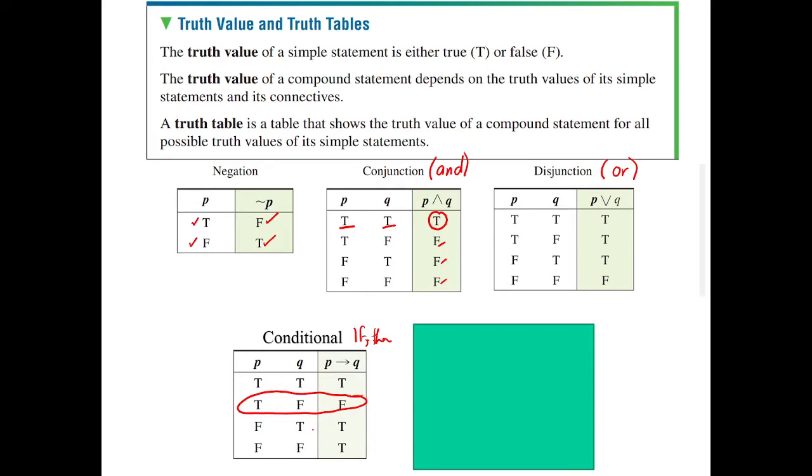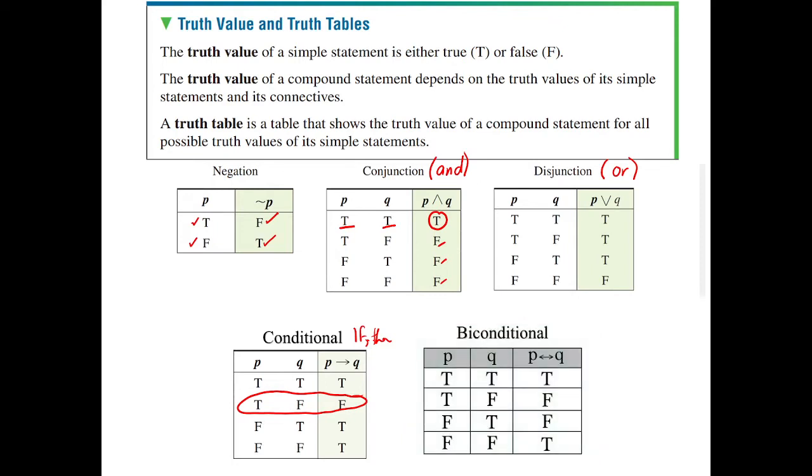Sa conditional. Okay? Now, sa biconditional. Sa biconditional, it's different. When I say biconditional, dapat both statements have the same truth values for it to be true. Puros true is true.